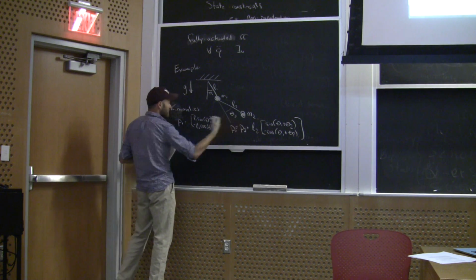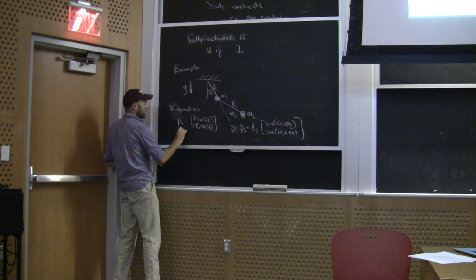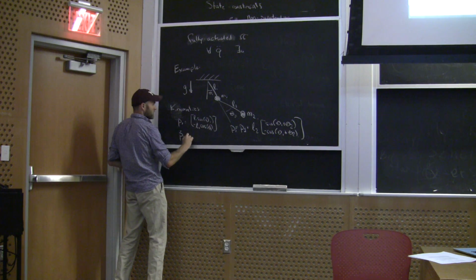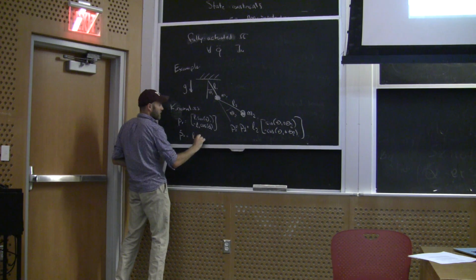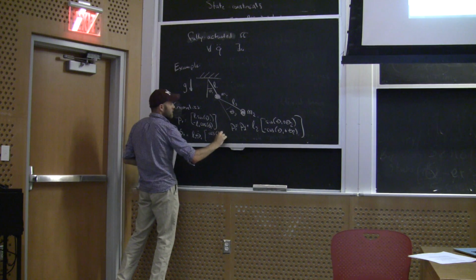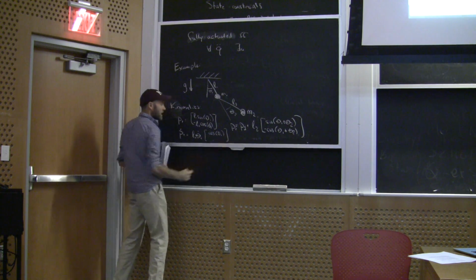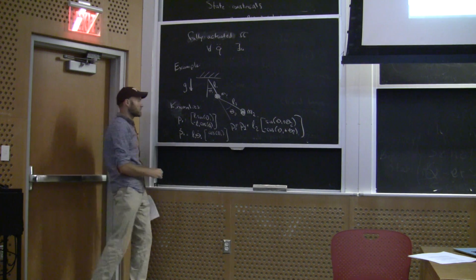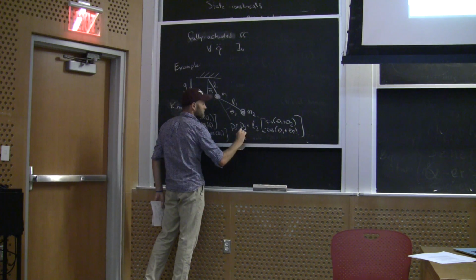I could take the derivatives of that. I can write down what P1 dot is by just writing that down. I get L1 theta 1 dot cosine theta 1, right? This is standard stuff, and again, this is worked out carefully in the notes. I can write down what P2 dot is.